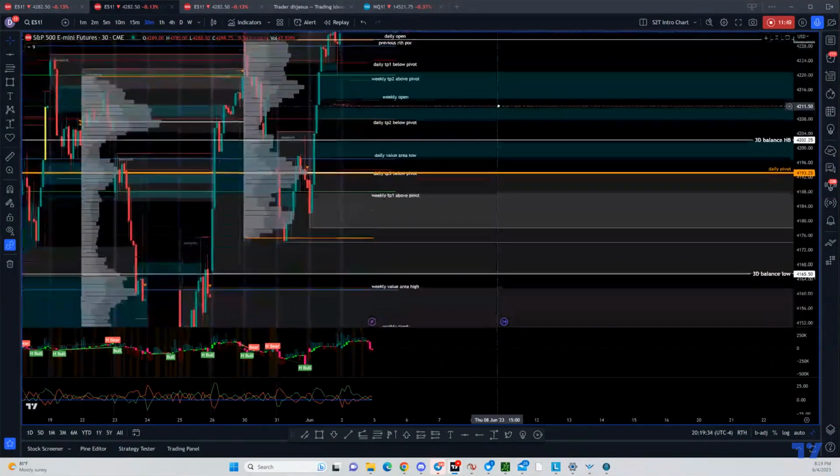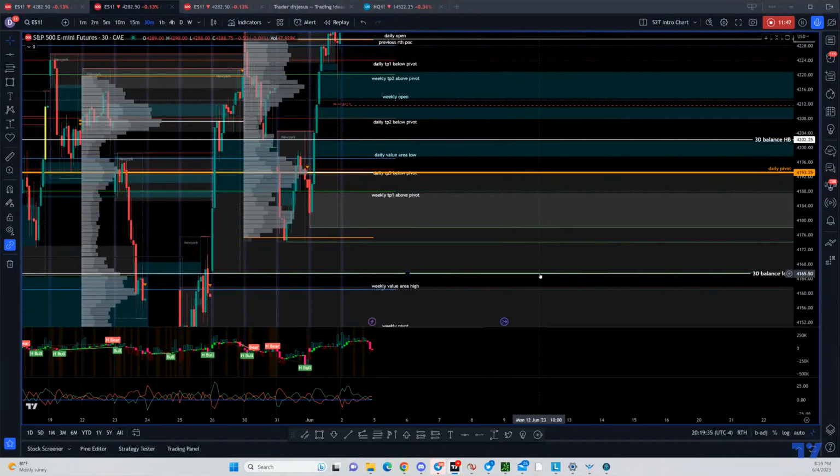And from 93, we're going to look for 65, which is the low of the 4-day balance. We're going to leave this right here, O2, which is a half back. So from O2 to 93, that's a big zone.